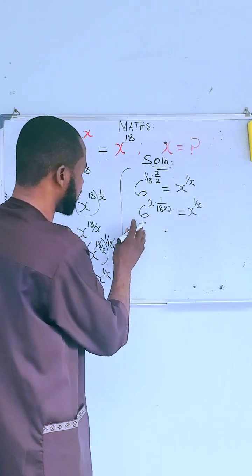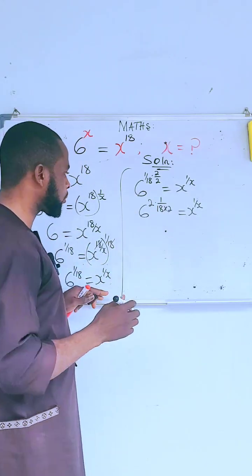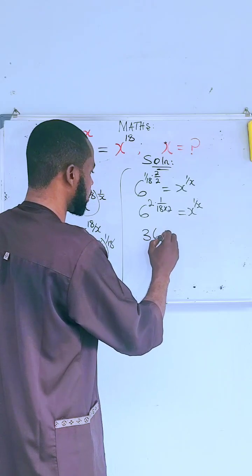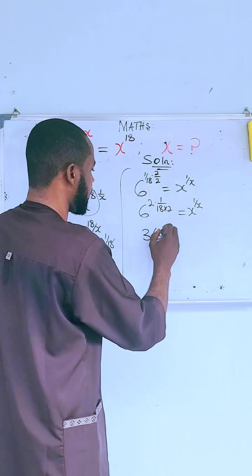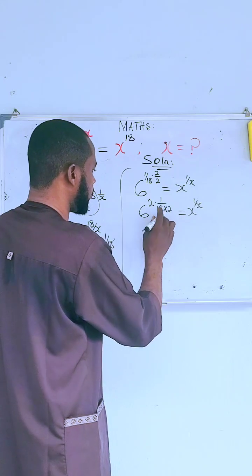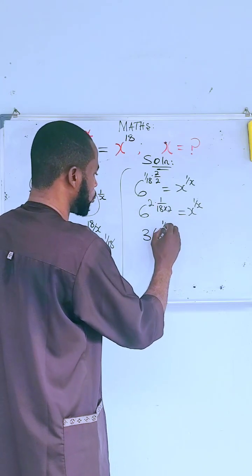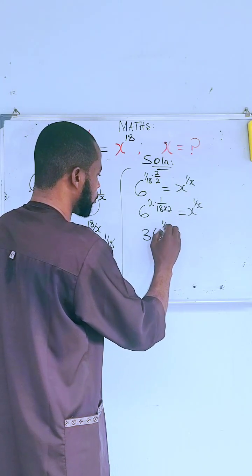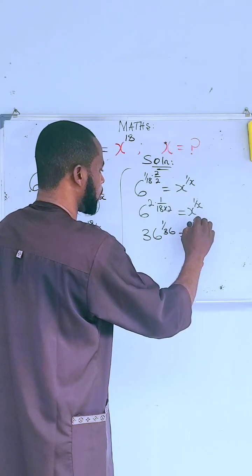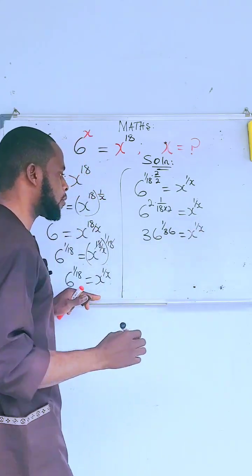Now here, 6 to the power of 2 will give you 36. Then to the power of 1 divided by 18 times 2 still gives you 36 equals x to the power of 1 over x.